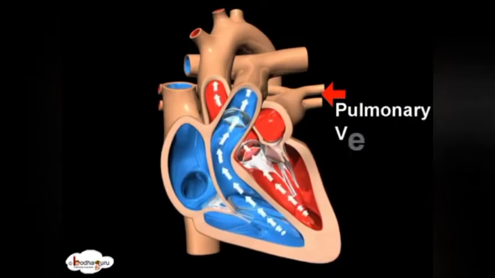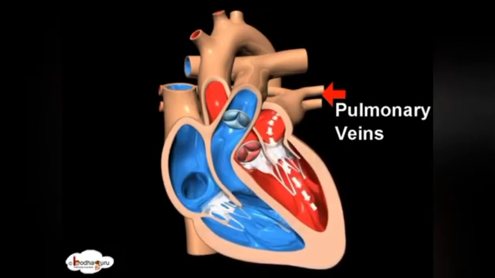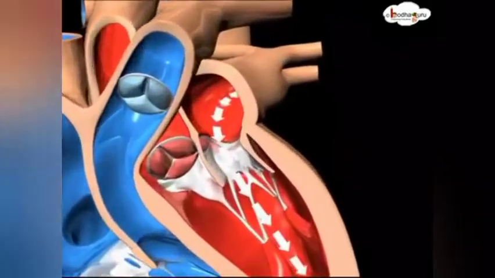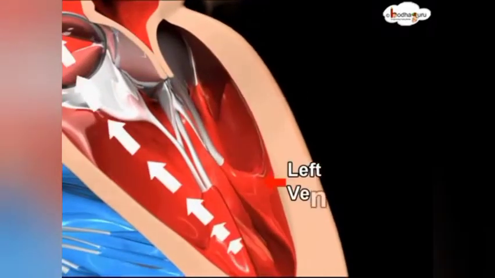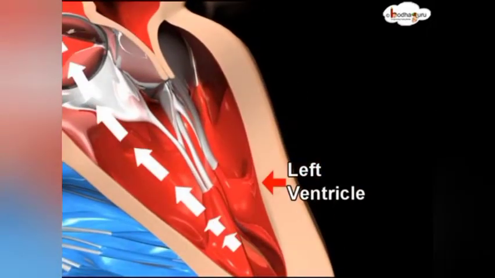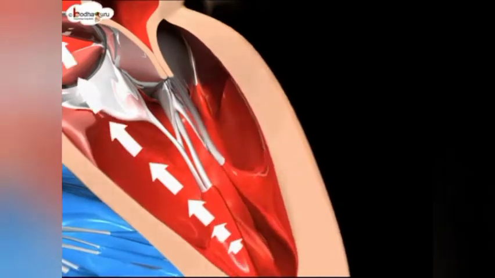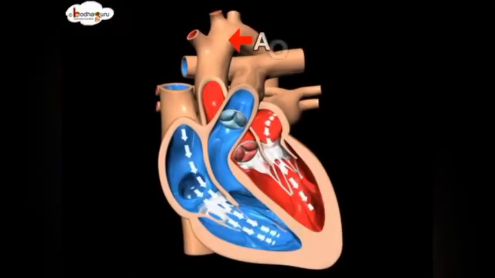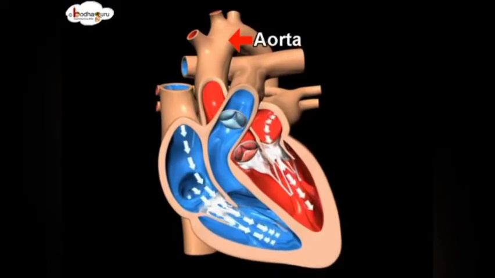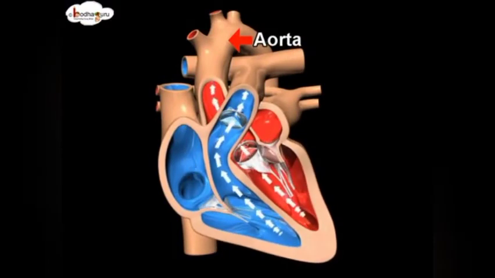After oxygenation, blood travels through the pulmonary vein and is received in the upper left chamber, that is the left atrium, which pumps it into the left ventricle below. Then it is pumped into the aorta, which is the source of many arteries which carry oxygenated blood to different parts of the body.